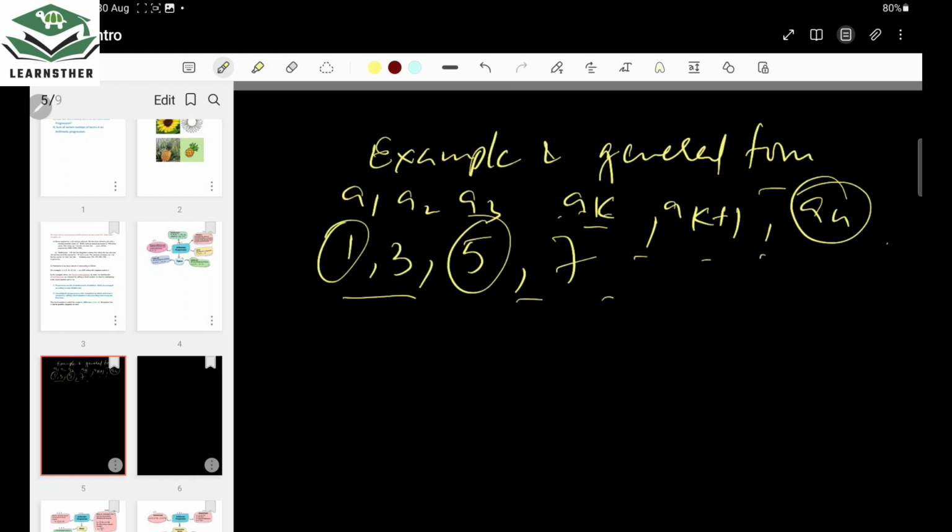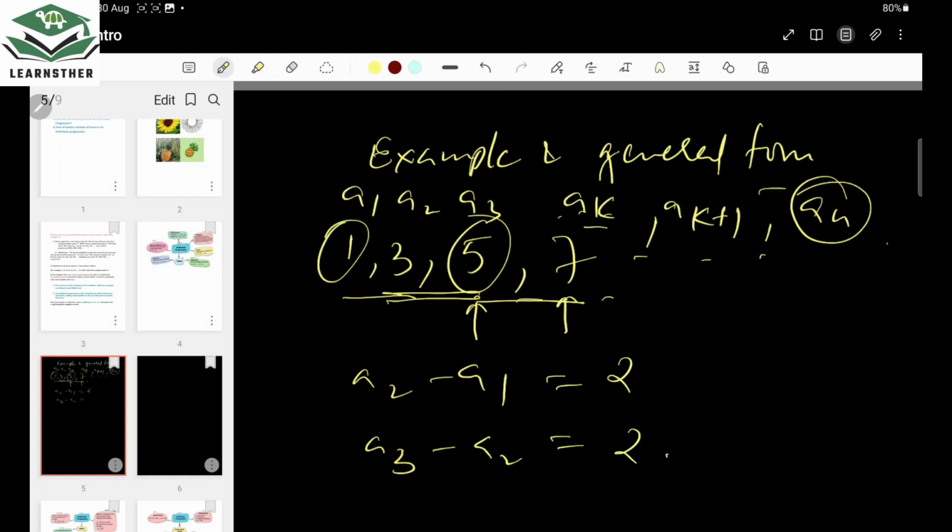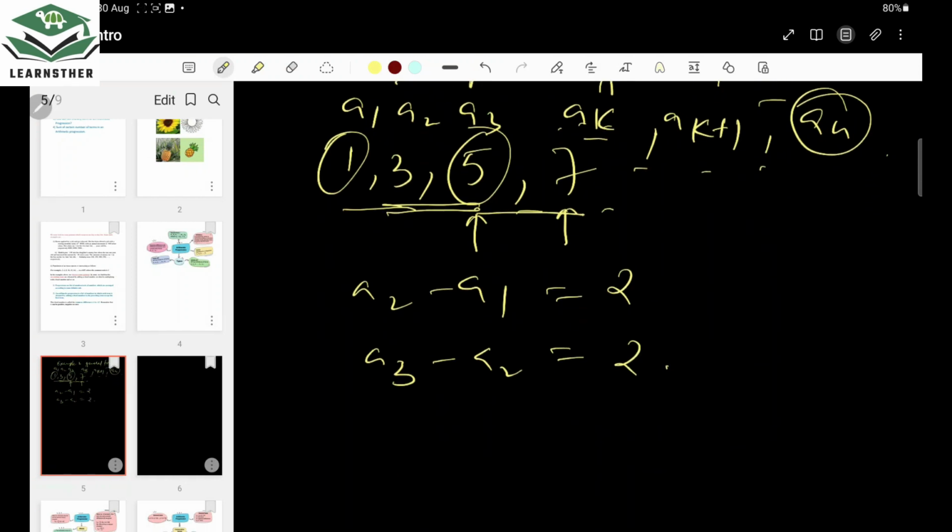So why is this an arithmetic progression? Since here the difference between consecutive terms, or succeeding term and preceding term, is the same. Okay. So you see a2 minus a1, a3 minus a2, 2, 2. Okay. So this will be same for a k plus 1 minus a k.